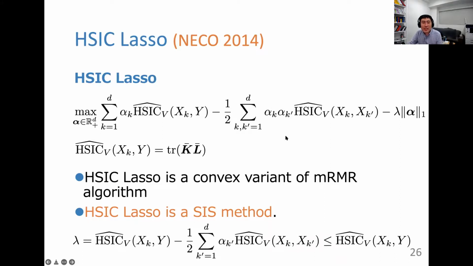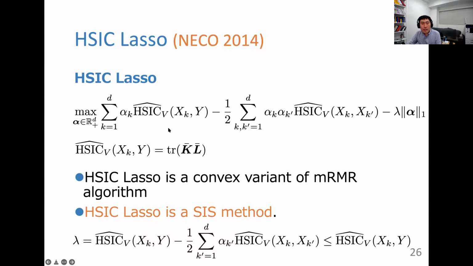But in this method, we have a penalizing part. Basically, if feature k and feature k prime are similar, this value is high. It is negative, but we want to maximize it. Therefore, if feature k and feature k prime are similar, we want to make either alpha k or alpha k prime equal to 0.